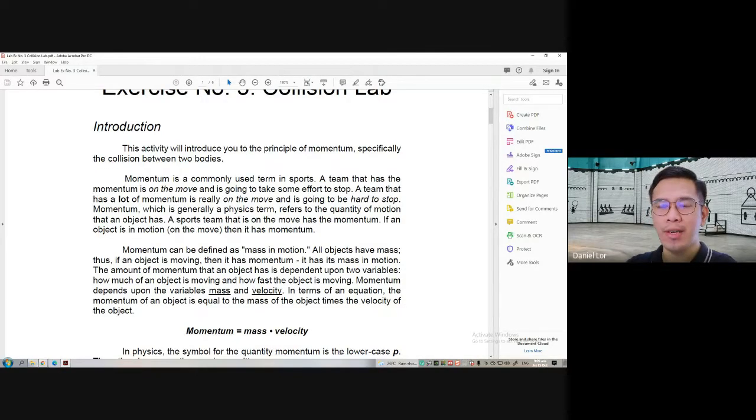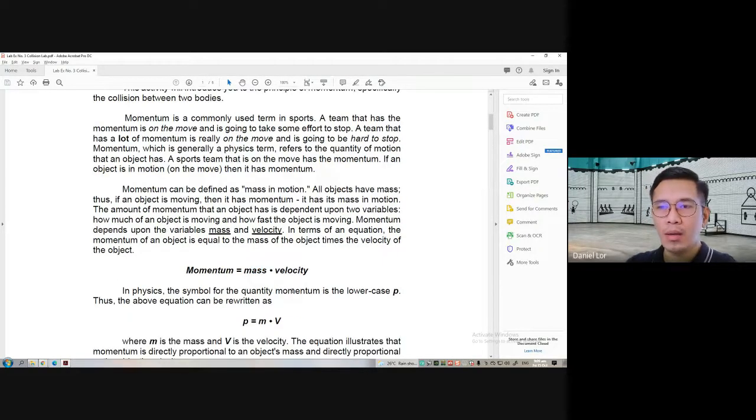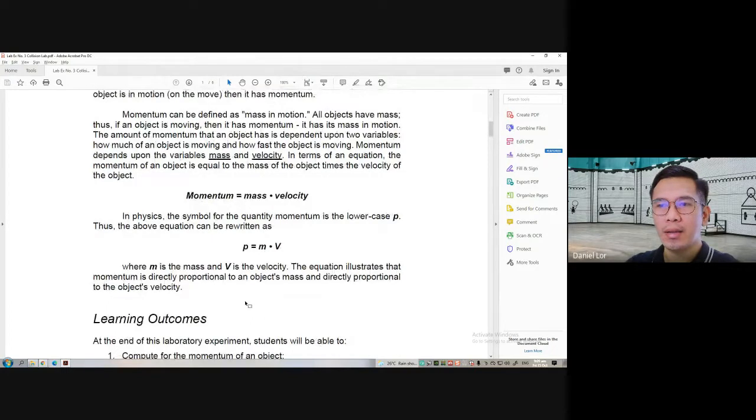From that definition alone, we know that momentum depends on two variables, mass and velocity. In formula, we write momentum using the lowercase p, which is equal to m times v.